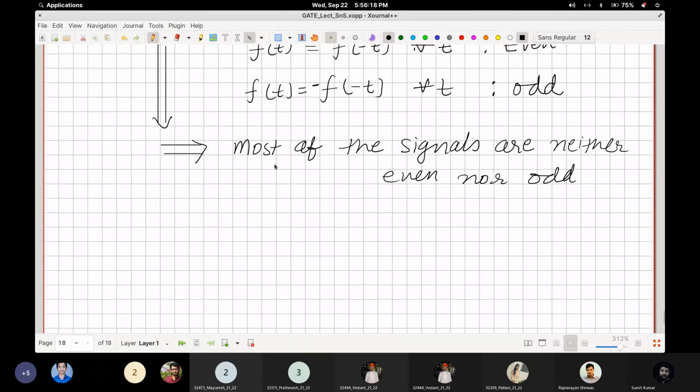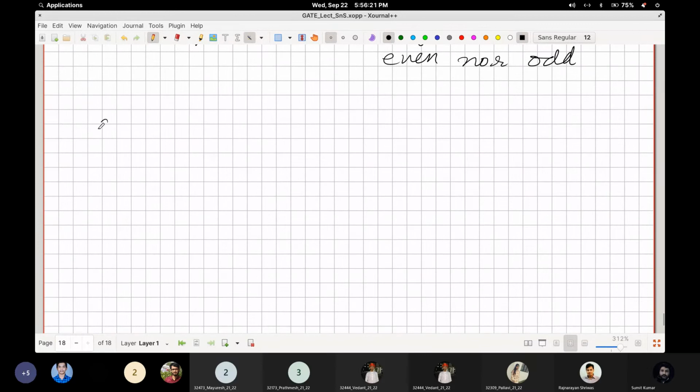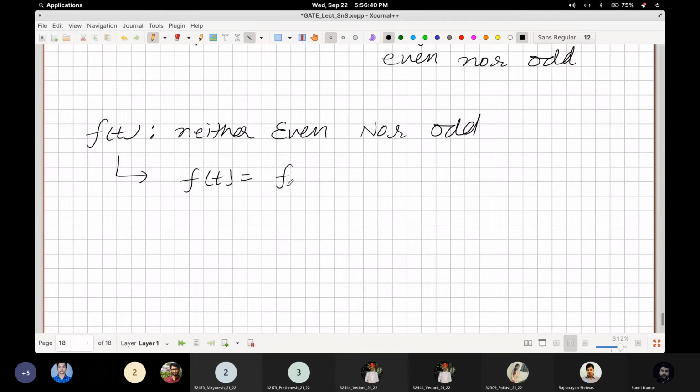So we want signals to be even or odd. If we have a signal f(t) which is neither even nor odd, then we would like to express this f(t) as the sum of two signals, one of which is even and another of which is odd. Is this making sense?